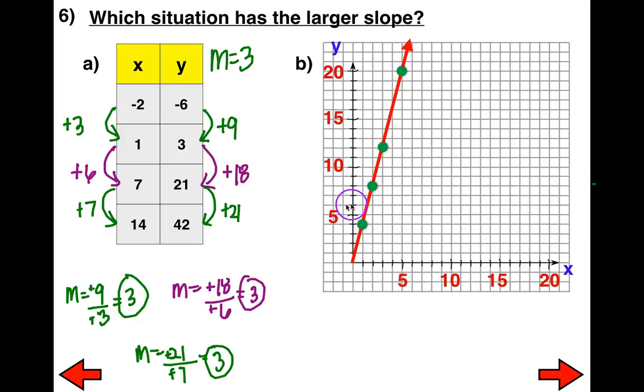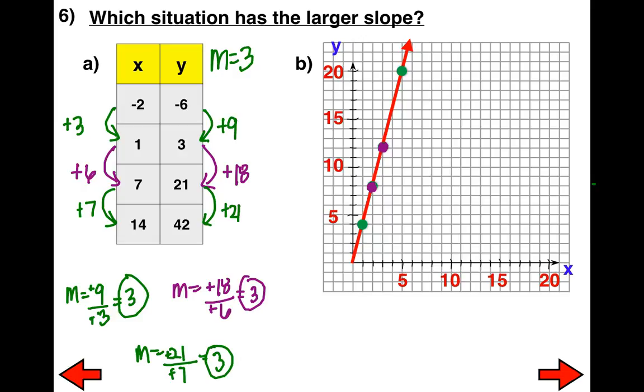Now I need to compare it to the graph. So hopefully, if you remember from yesterday, all you needed to do is pick 2 points. So in this case, I am going to override these points and pick these 2, just because I can. I need to determine the slope by finding our vertical change and compare it to our horizontal change, which is the same as the change in y over the change in x.